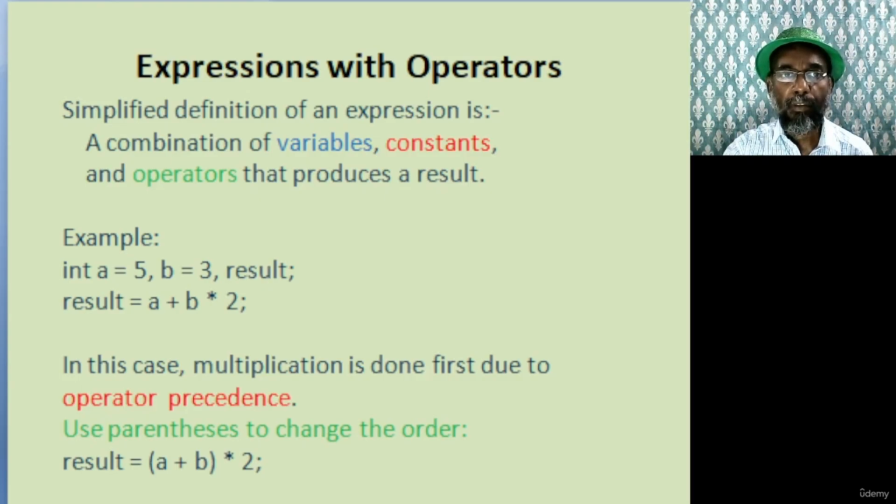So same numbers, different answers. This is how precedence and associativity work. As a good programmer, always ask yourself, what result do I expect, and what is the cleanest way to write it.